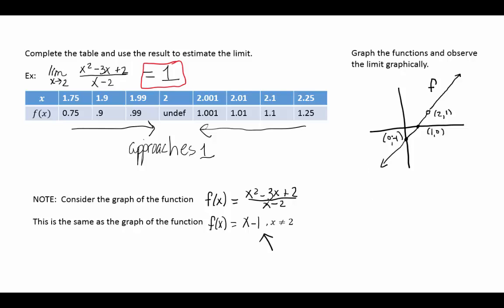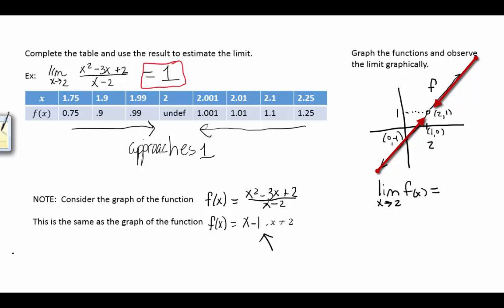Let's think of this limit in a different way. On a graph, when you think of a limit, you're literally just thinking of following the line from the left and the right toward whatever x value we're being asked about. In this case, the limit as x approaches 2. So from this graph, the limit as x approaches 2 of f of x is going to be whatever y value we're headed towards as we head towards the x value 2.